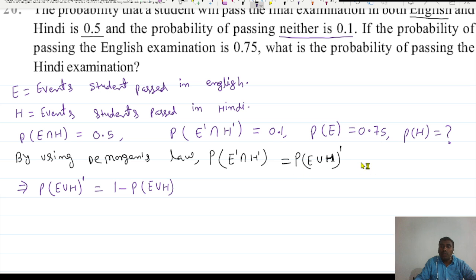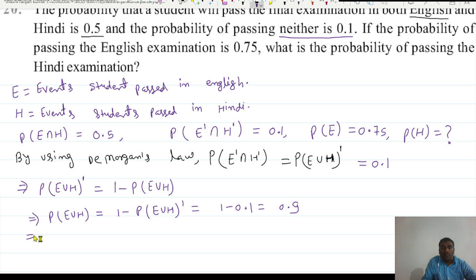We have this value, 0.1. Simply put the value. So the probability of E union H is equal to 1 minus 0.1, that is 0.9.